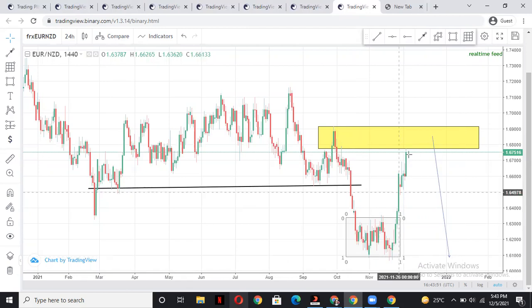We can even see the slight rejection before the close of market on Friday. So I'm expecting more reactions at this point and looking for a selling opportunity on Euro NZD here. And you can have 1.6100 as your first TP, while you go further down, because I expect price to actually drop further down on this.